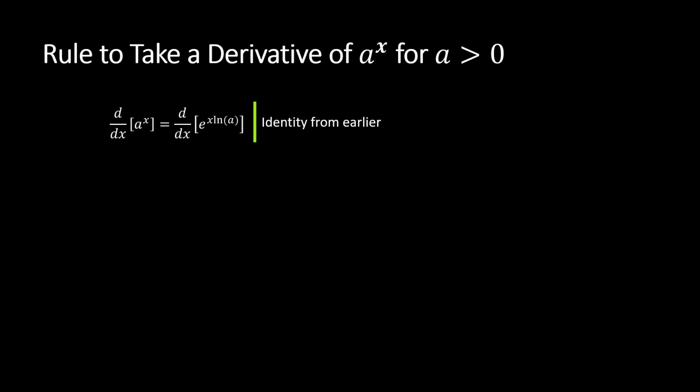Okay, so that bit aside, continuing. Taking the derivative of this thing, well, we know what the derivative of e to stuff is. It's itself, e to stuff. We just showed that. E to the x's derivative is e to the x, but we still have this chain rule bit. So the derivative of e to something is itself times the derivative of that something. So this thing didn't change, but I did pick up that additional chain rule.